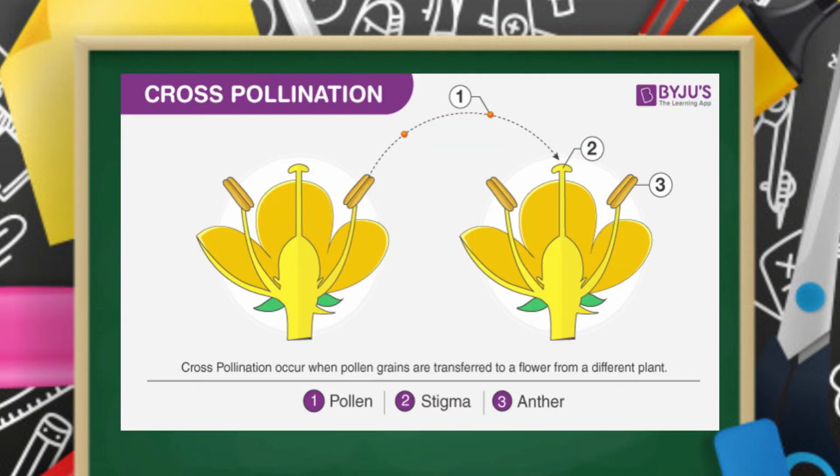And here we're having an illustration showing cross-pollination, where we have one flower and another flower, where the pollen from one flower is being transported to the stigma of another flower.